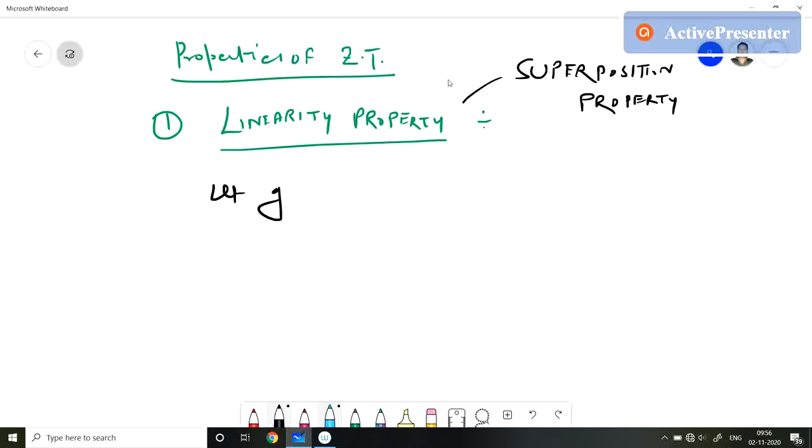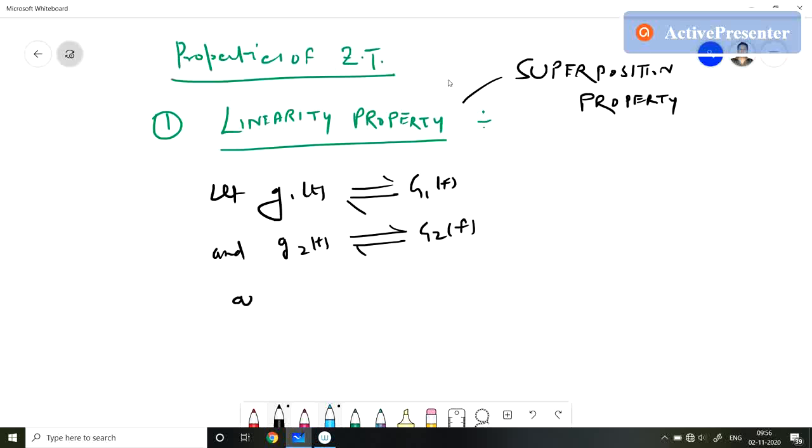Let g1(t) have Fourier transform G1(f) and g2(t) have Fourier transform G2(f). Then if we take the combined signal a g1(t) plus b g2(t), the Fourier transform will be a G1(f) plus b G2(f).